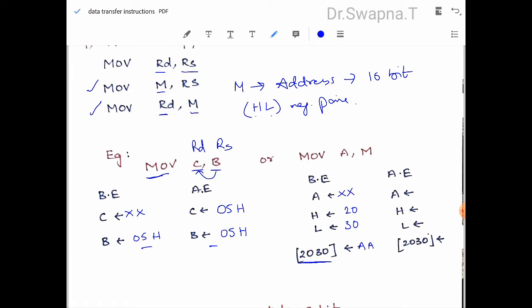After execution, the data pointed to by the memory location in the HL pair will be copied into the accumulator register. And what is that? AA. AA will be copied into the accumulator register, and your HL pair will remain the same, 20, 30, because the source will never get altered. Only the destination will be altered.